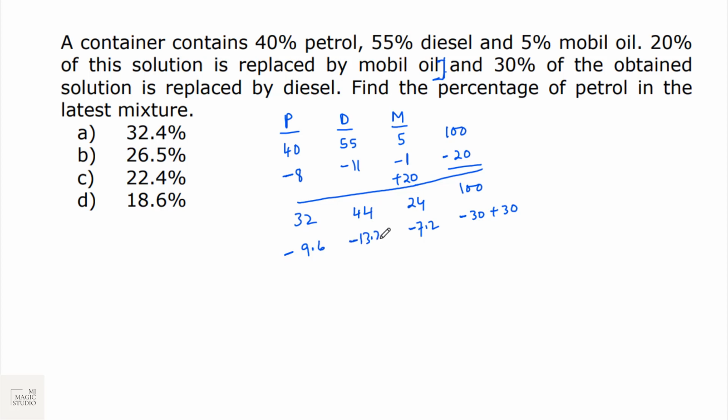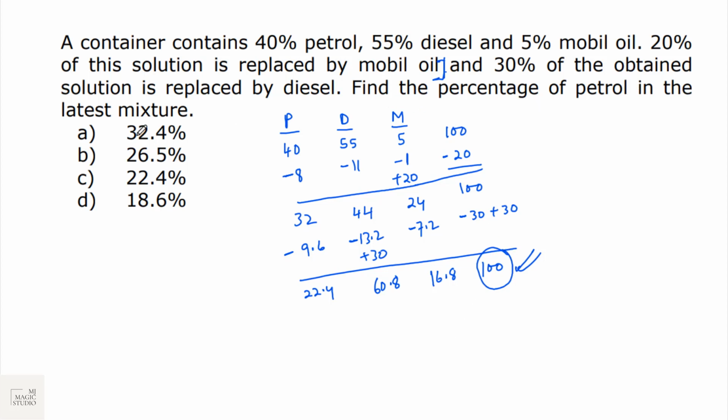And 30 will be added in the diesel. Again our composition will be back to 100. 32 minus 10, 22.4. 24 minus 8, 16.8. And this will be 74 minus 14, that will be 60.8. So this is again back to 100.